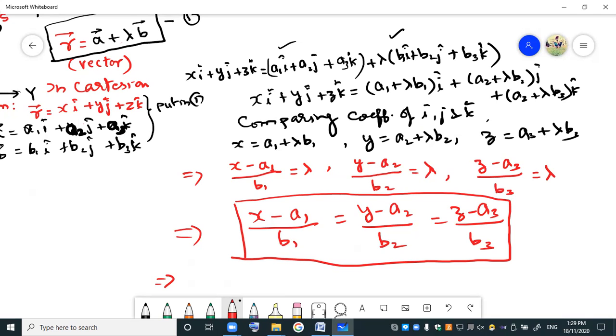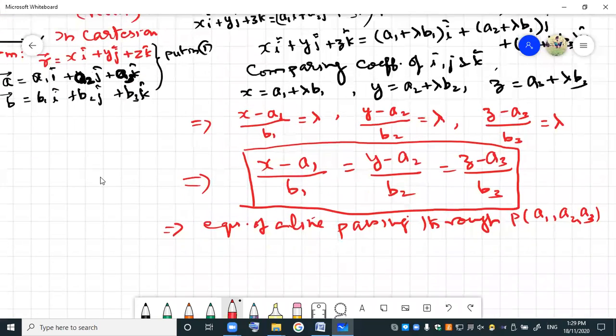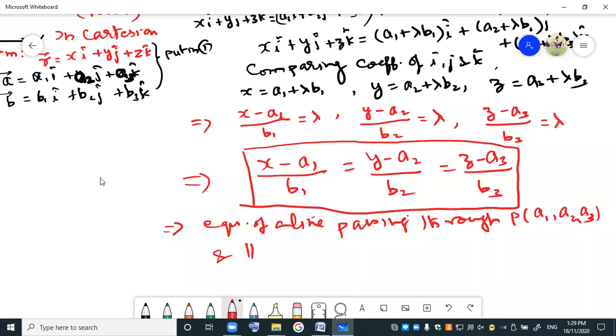This is the equation of a line passing through the point P whose coordinates are a1, a2, a3, and parallel to a vector b, which is resolved into the components b1 i plus b2 j plus b3 k. So the equation of a line can be written like this.